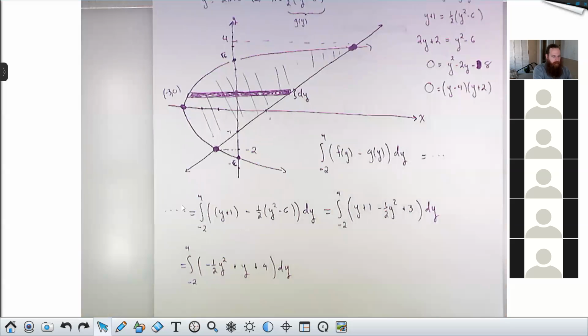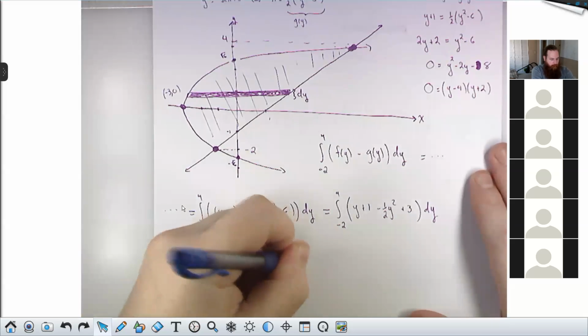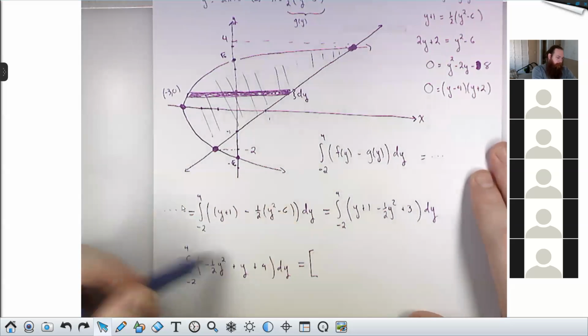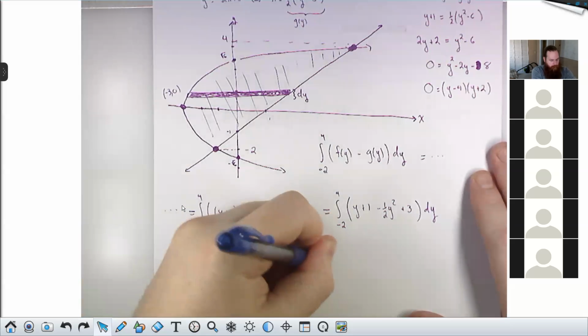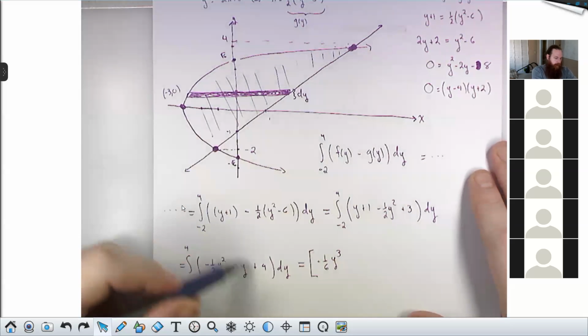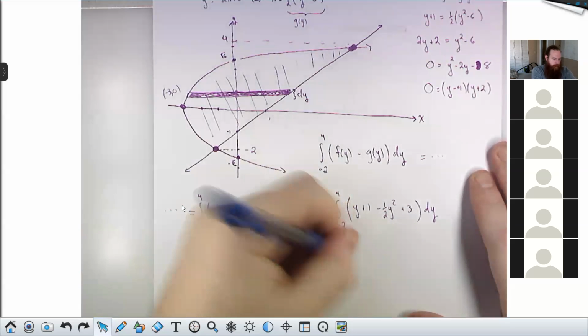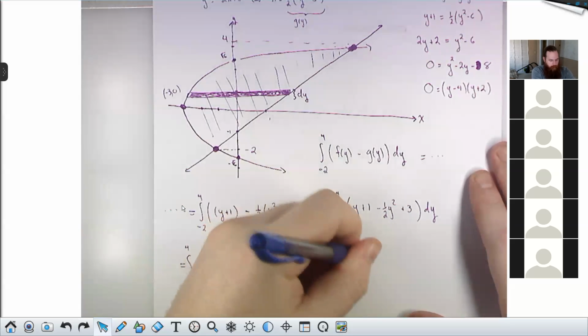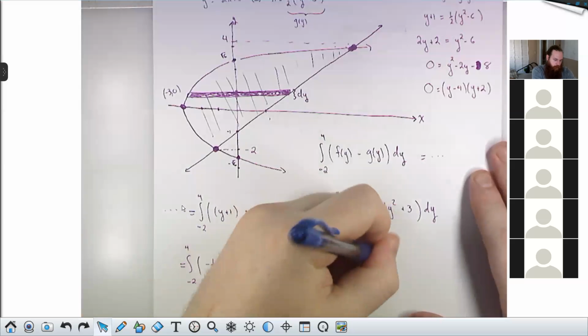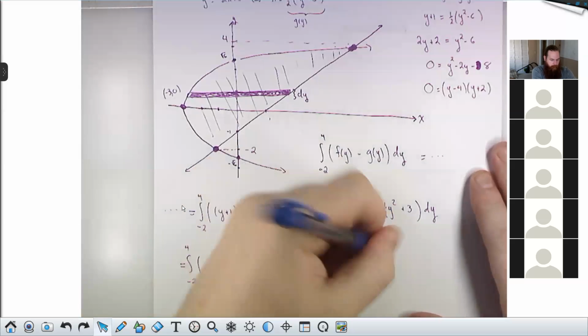And now we're ready to take our antiderivatives. An antiderivative for y squared is 1/3 y cubed. So this will be negative 1/6 y cubed. An antiderivative for y is 1/2 y squared. And an antiderivative for 4 is just 4y.